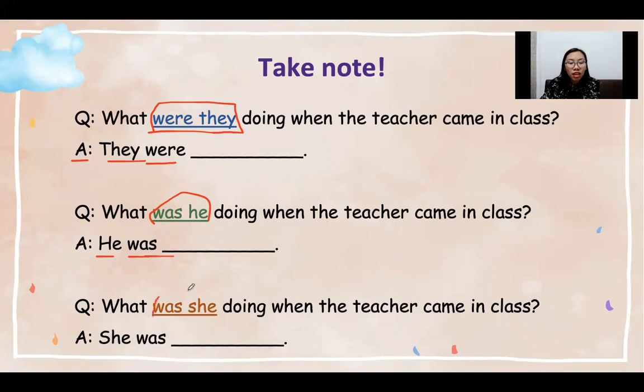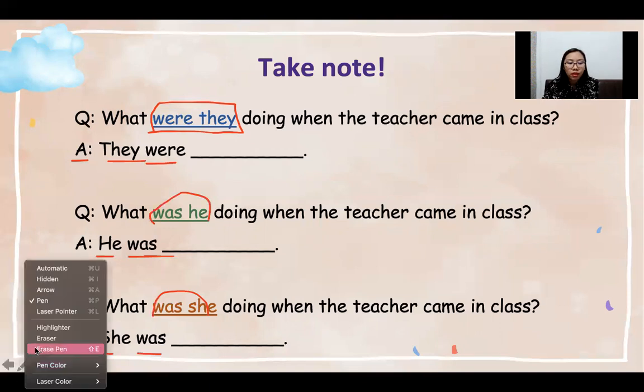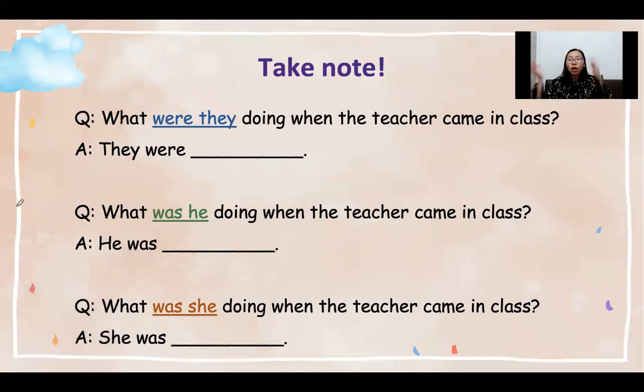What was she doing when the teacher came in class? The answer is she was. So just remember, the words in the question you can use in the answer. Just like the question, what is your name?